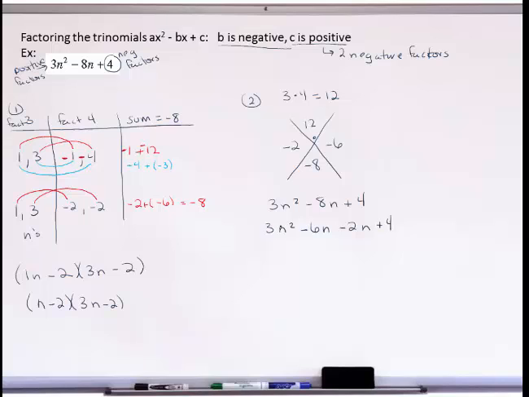And the reason I put the 6 with the 3 is because the 6 and a 3 have something in common. I can take out a 3n, and I'm left with n minus 2. Here I have negative 2n plus 4, so to make this a minus 2, I need to factor out a negative 2. And I get 3n minus 2 times n minus 2.